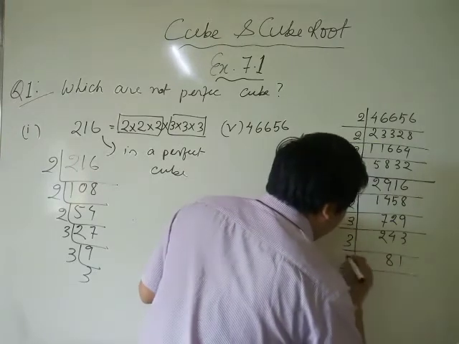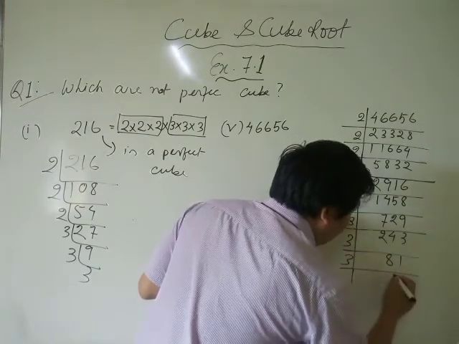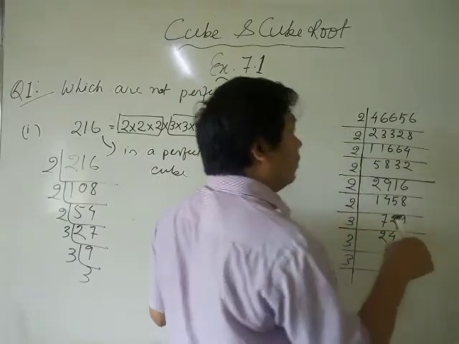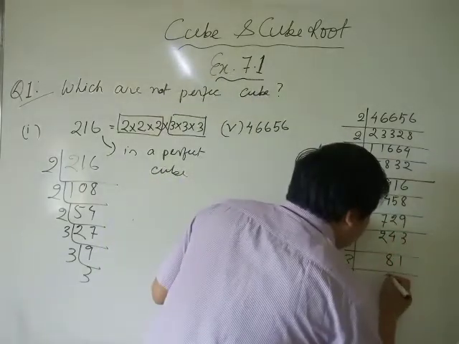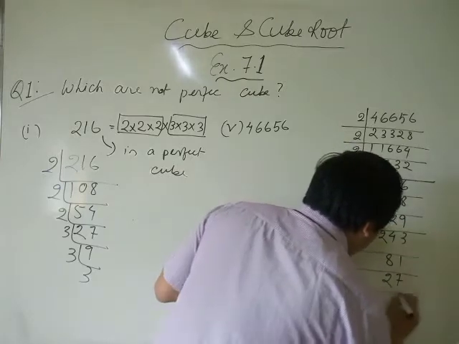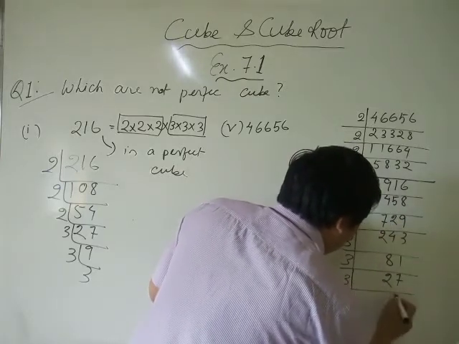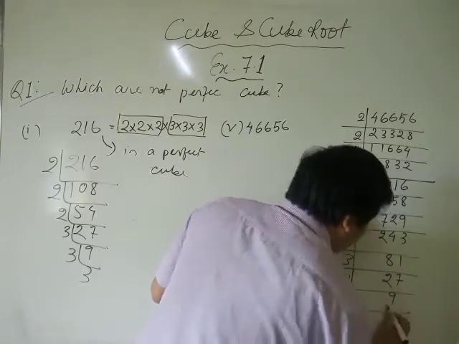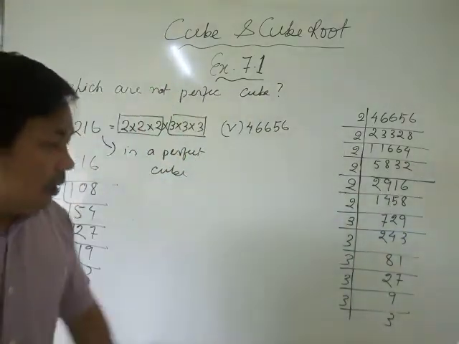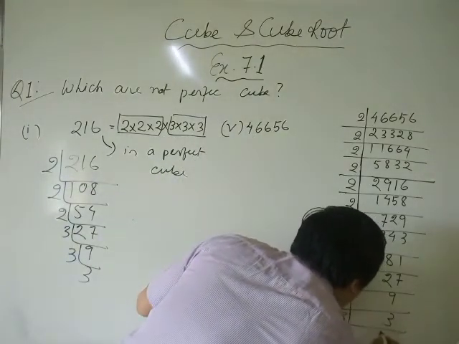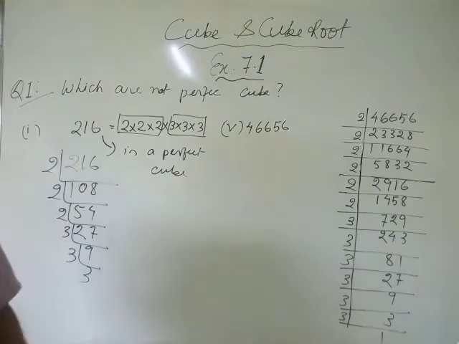Yes, 3 3s are 9. Then again 3 3s are 9. Still we can carry on, doesn't matter, 3 1s are 3. So we finish the division here.